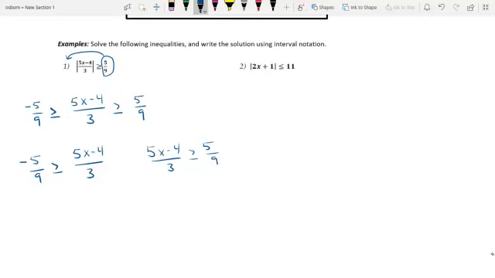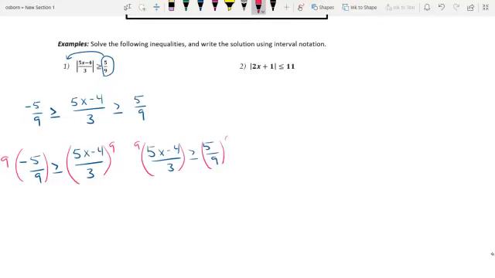Now, once again, we don't like dealing with our fractions, so I am going to multiply the inequalities by the least common denominator. So in this case, what that means is I'm going to multiply these all by 9.